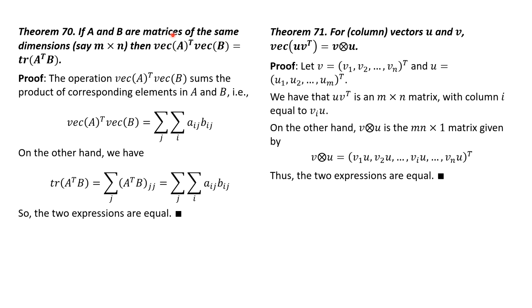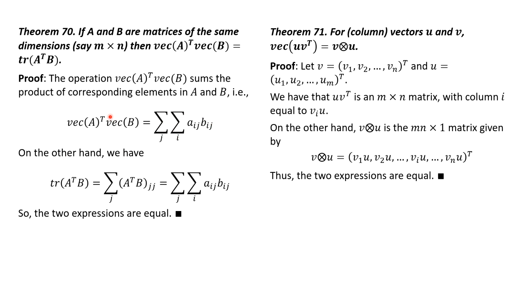So let's look at this side of it first. We have vec A transpose, that's a row vector times a column vector B. Now they both have the same number of elements, and in fact you're multiplying elements with the same indices together and adding them up, which is this expression here.